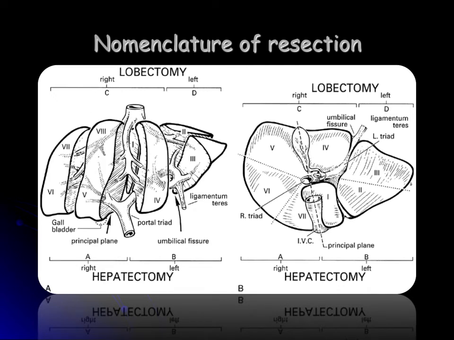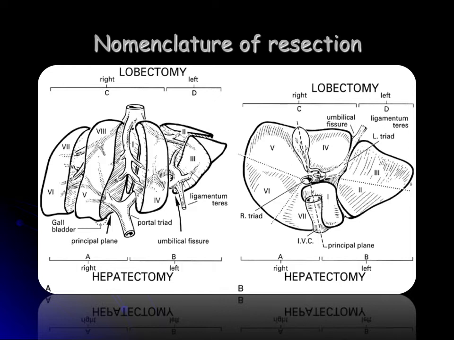So there is nomenclature for the resection of the liver. If we say we are doing a right hepatectomy, we agree that we have to remove segments 5, 6, 7, and 8. If we say left hepatectomy, that means we remove segments 1, 2, 3, and 4.